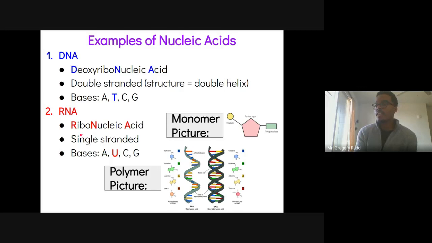RNA, on the other hand, is single-stranded, so it looks like just one singular ribbon. And instead of T, instead of thymine, RNA has U, which stands for uracil.